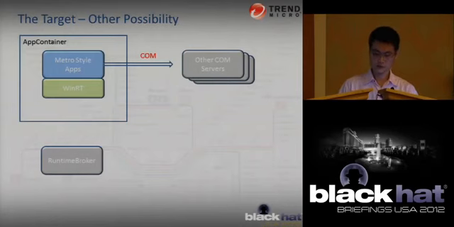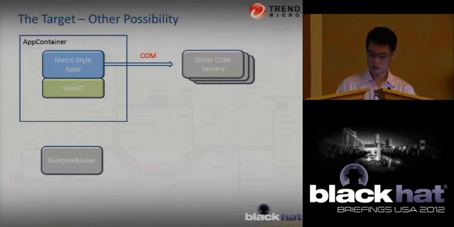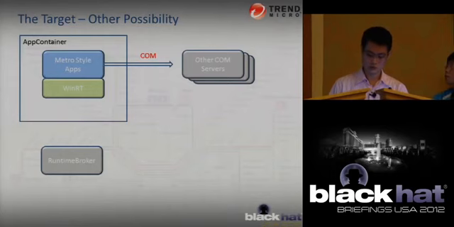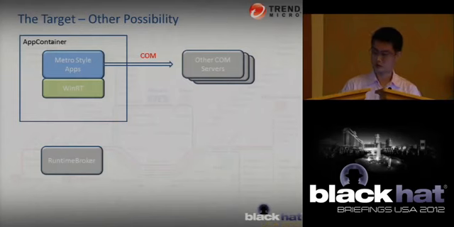The answer is yes. In our testing, we use shellcode to call COM API in the app container, and we can communicate with other COM servers, which usually provide service for other programs. So looking for a useful COM server might be a chance to escape from the sandbox.